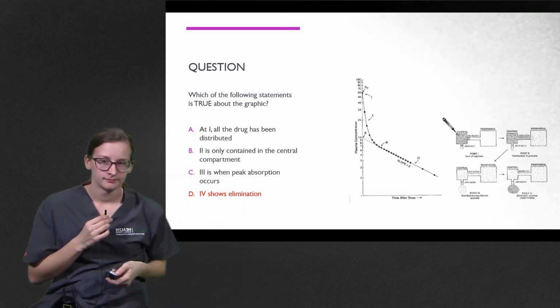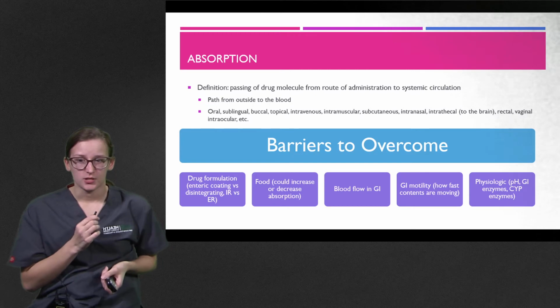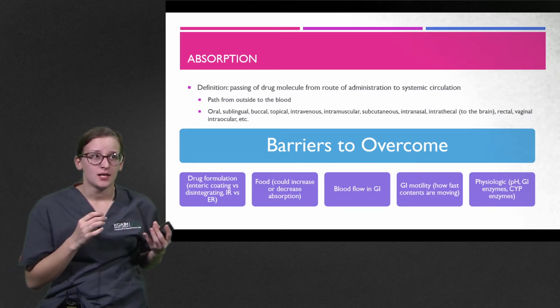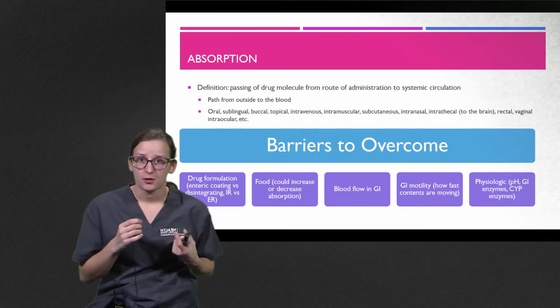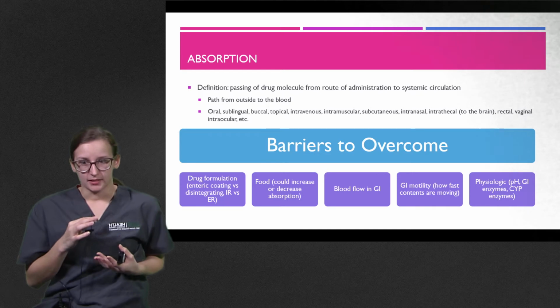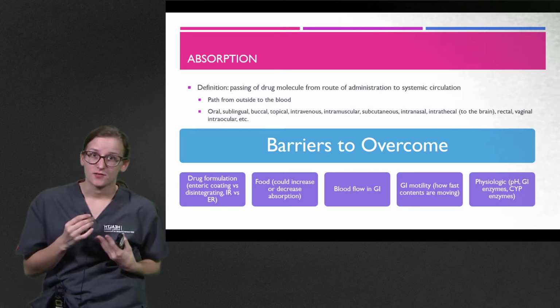All right, so speaking of absorption, we're talking about drug molecules passing from your route of administration, so whether it's an injection, oral, sublingual, eardrops, eye drops. How is it getting into our bloodstream, basically? So we have different barriers that we have to overcome with that.